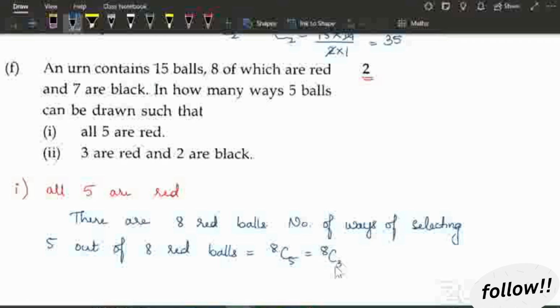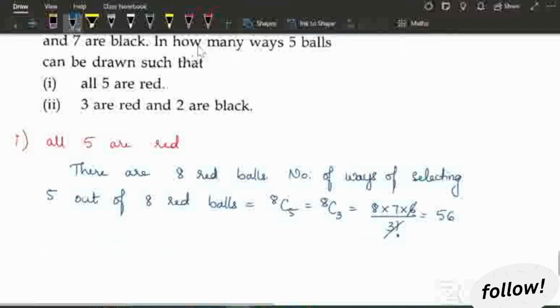You can write 8C3 and then simplify this: 8 into 7 into 6 divided by 3 factorial. 3 factorial is the same as 6. So 8 into 7, 56 is the answer. That's all. This gives you 1 mark, since I want only red balls, I'm considering only red balls.